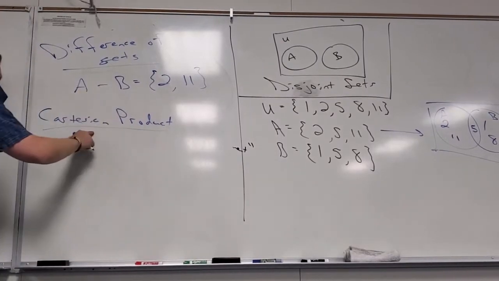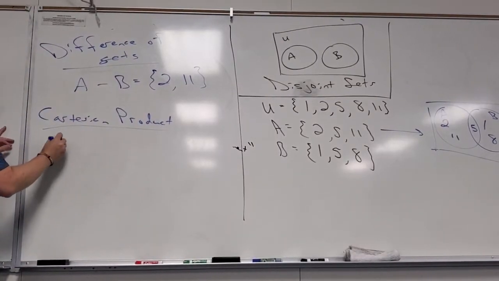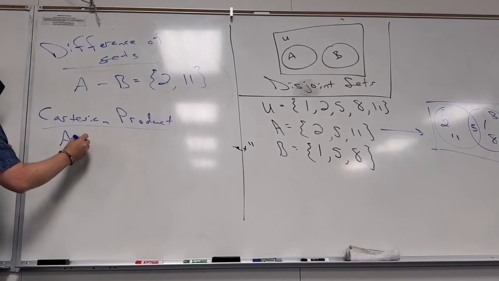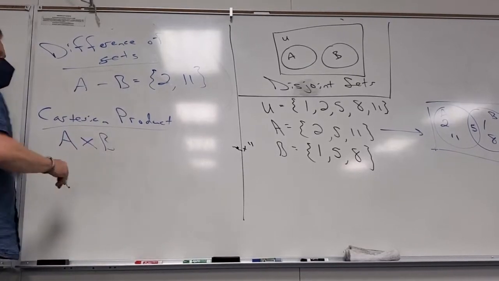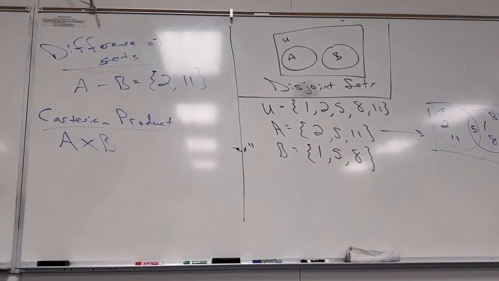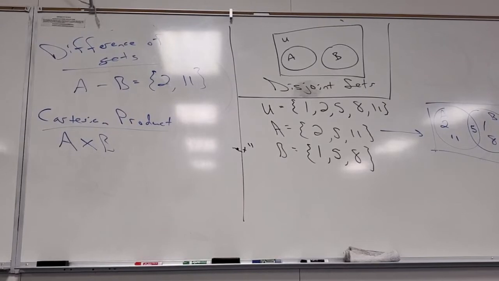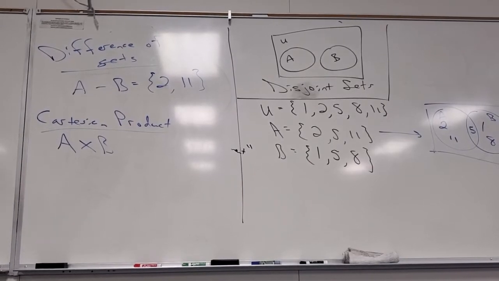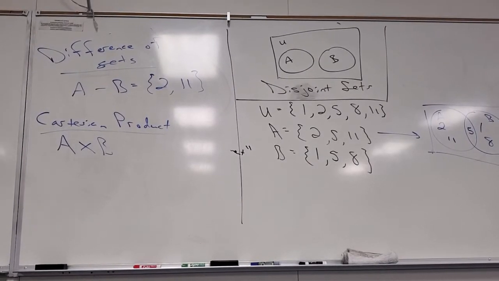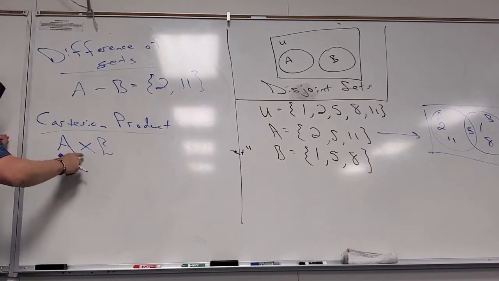Okay. Cartesian product is denoted by something that looks very familiar. What's different here is that it looks like multiplication, yes? What's different is it's an operation on sets, not numbers. But what's curious is it does have a connection with multiplication. So what does this mean?